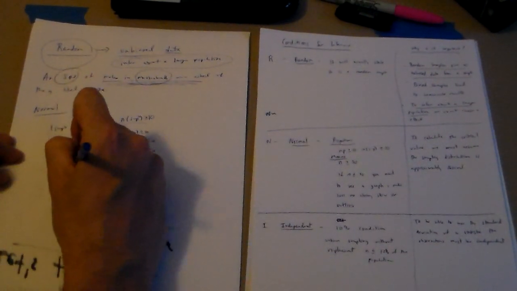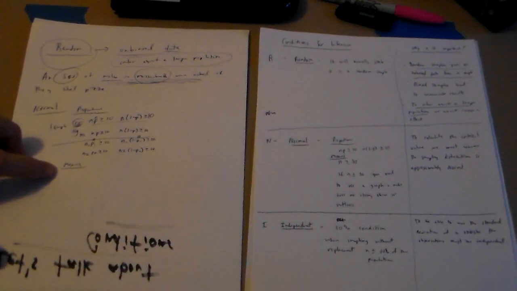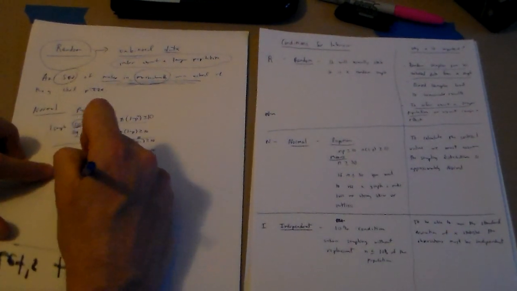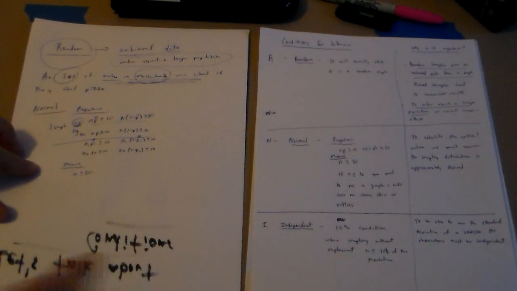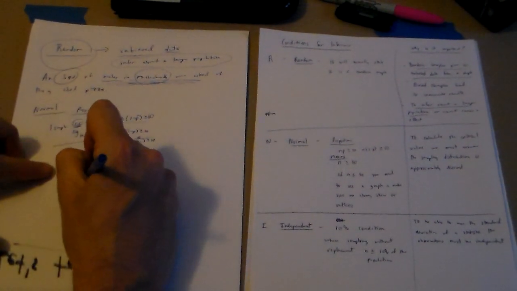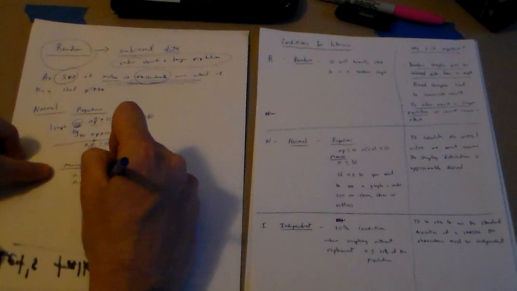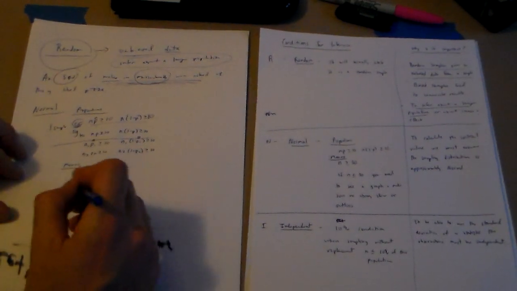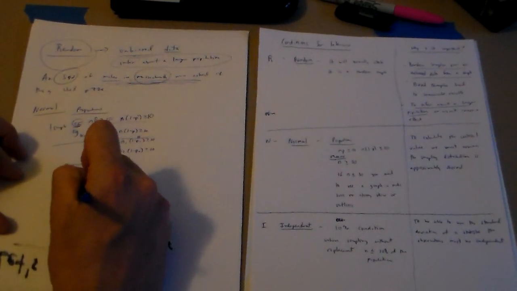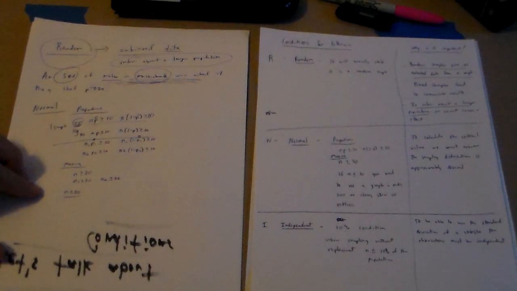Now for means, we just look and we want n to be greater than or equal to 30. If it's two means, then we want n1 to be greater than or equal to 30, and n2 to be greater than or equal to 30. Now, if n is less than 30, then we have to look at a graph of that data.